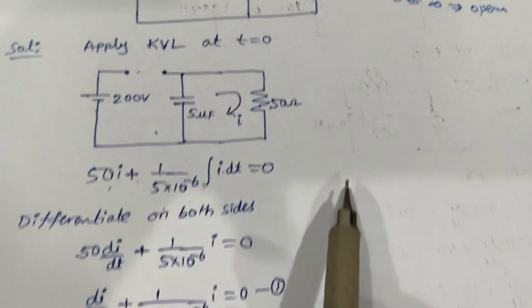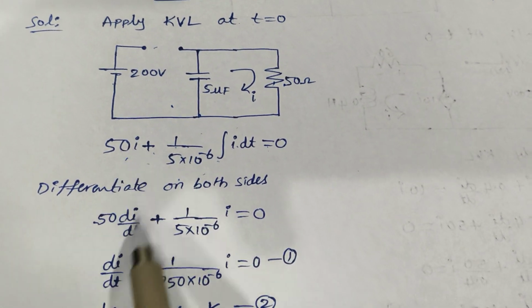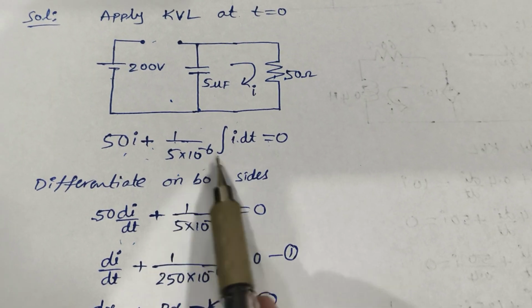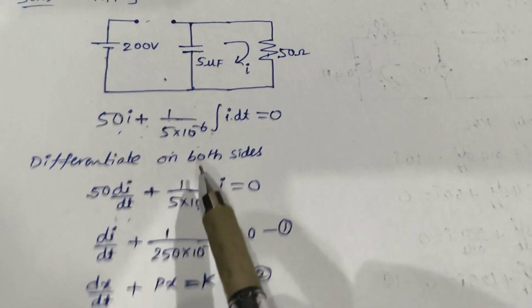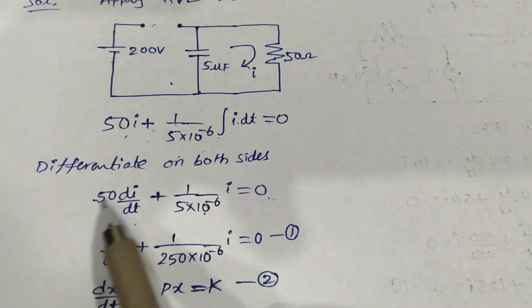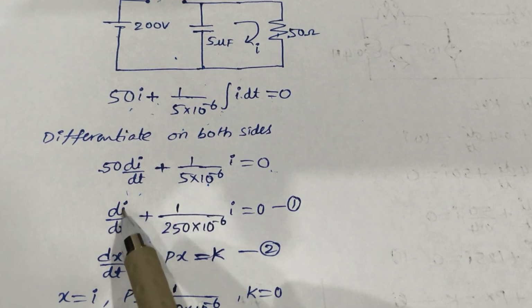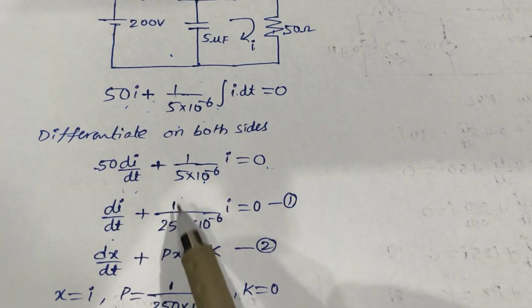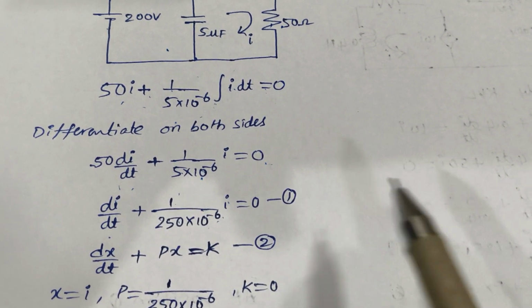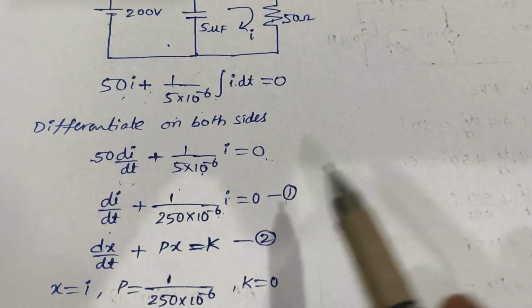Differentiating on both sides, you get 50 into di by dt plus I by the same C value, 5 into 10 power minus 6, equal to 0. Dividing on both sides by 50, you get di by dt plus 1 by 250 into 10 power minus 6, into I, is equal to 0. This is your first step.